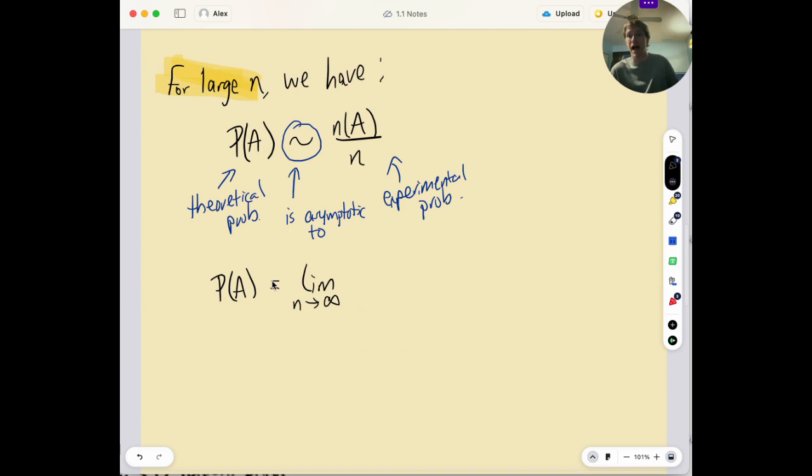That's what a horizontal asymptote is, right? It's a situation in which your graph approaches a certain y value as your x goes to infinity. Well, as your number of trials goes to infinity, the experimental probability is not going to vary as much, and it's going to approach the theoretical probability.